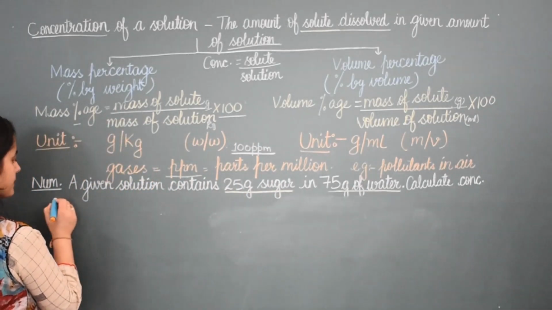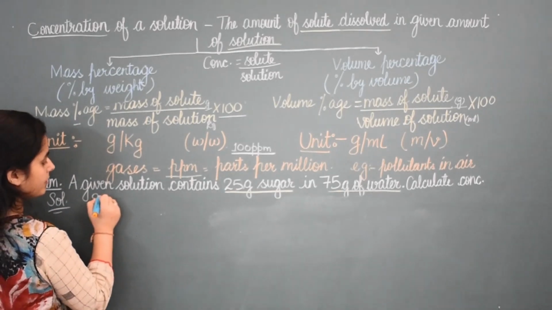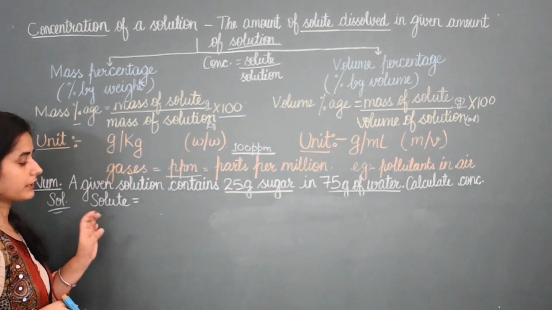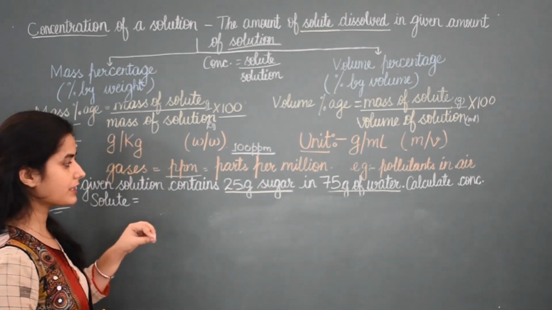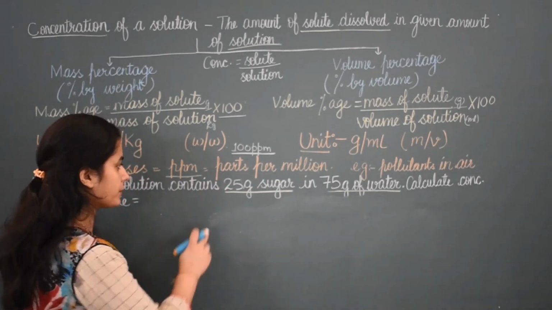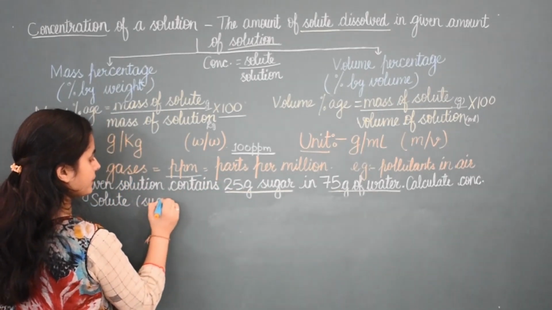So first, when we write the solution, first is solute. Solute means the thing which is present in less quantity and we have to dissolve it in another thing. So this is sugar here. In bracket we can write sugar also.